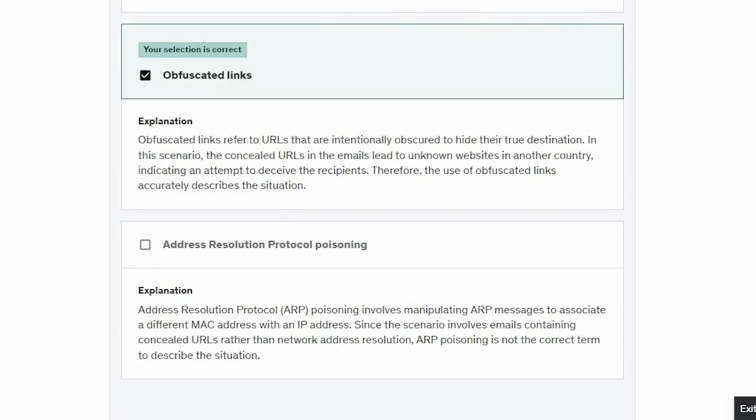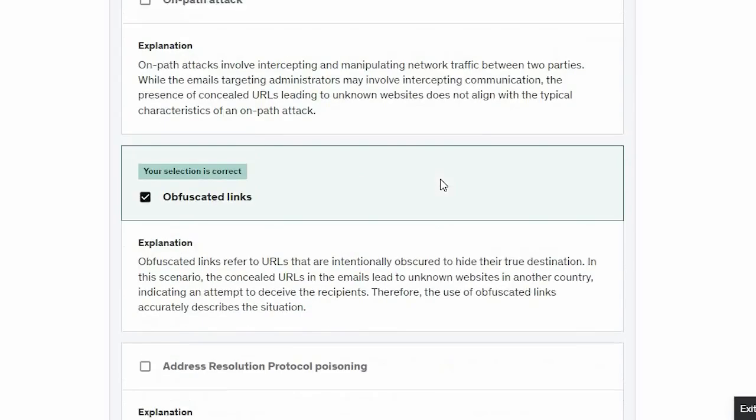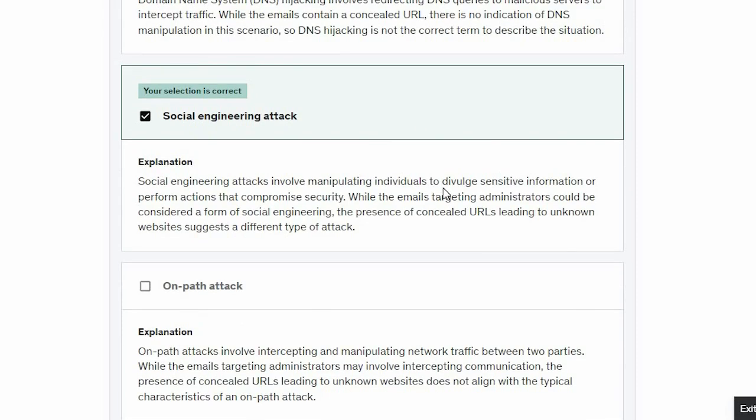Address resolution protocol poisoning. ARP poisoning involves manipulating ARP messages to associate a different MAC address with an IP address. Since the scenario involves emails containing cancelled URL rather than network address resolution, ARP poisoning is not the correct term to describe the situation. So address resolution protocol poisoning is not the correct answer for this scenario. The only correct answers are obfuscated links and social engineering for this scenario.